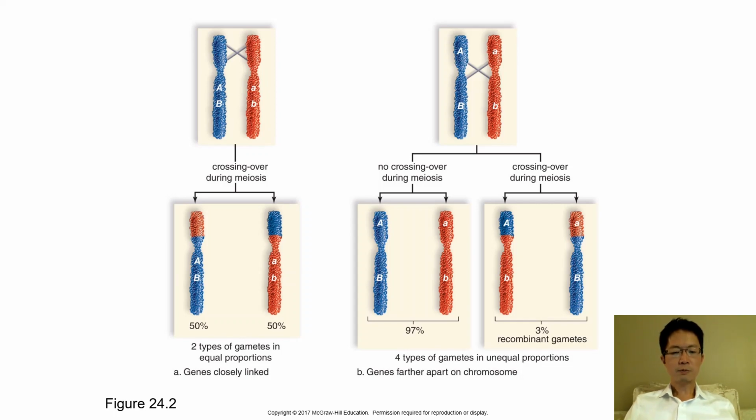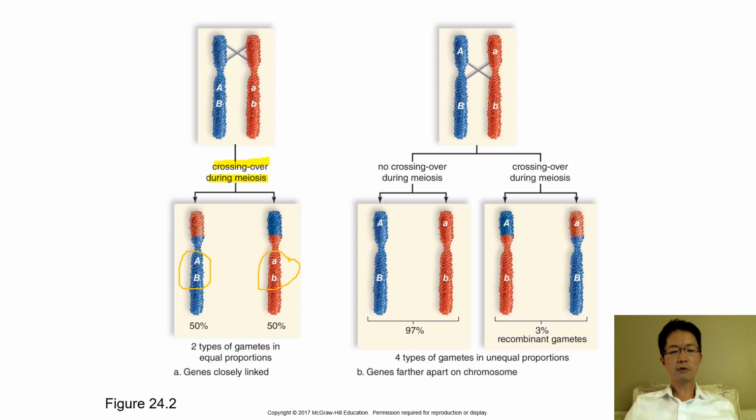During prophase 1, we have crossing over. Gene A and gene B, as you can see, are closely located in a loci, close to each other.